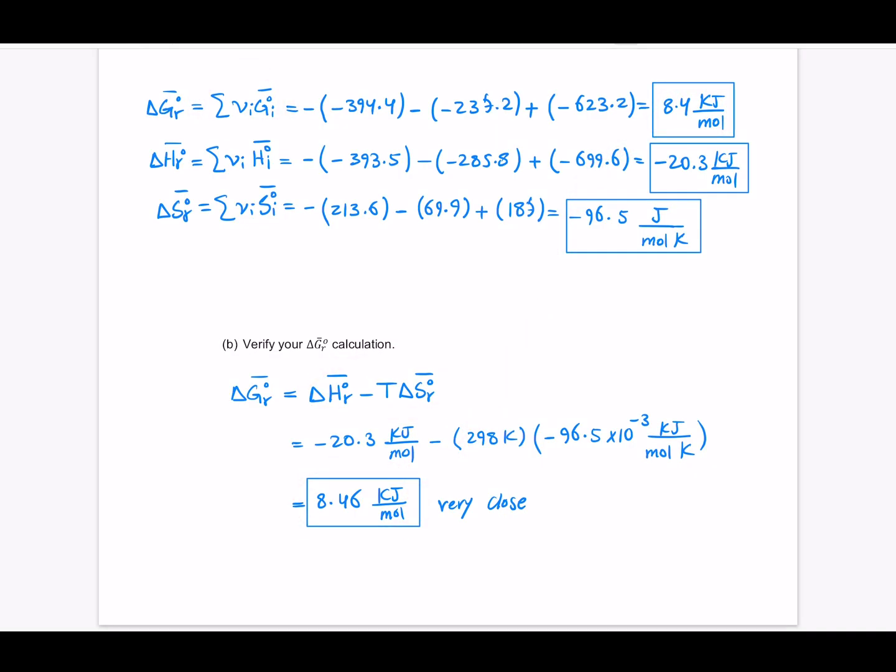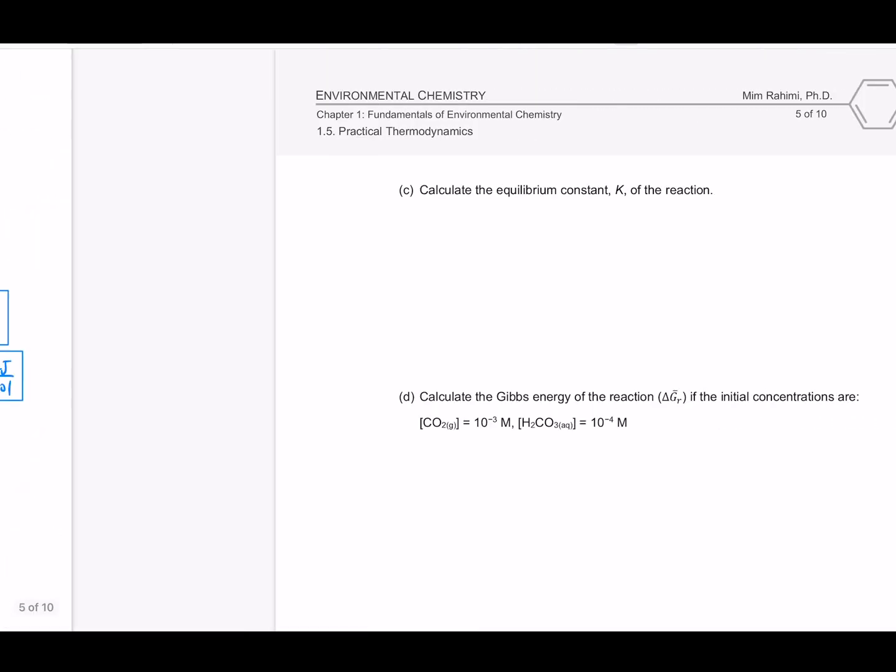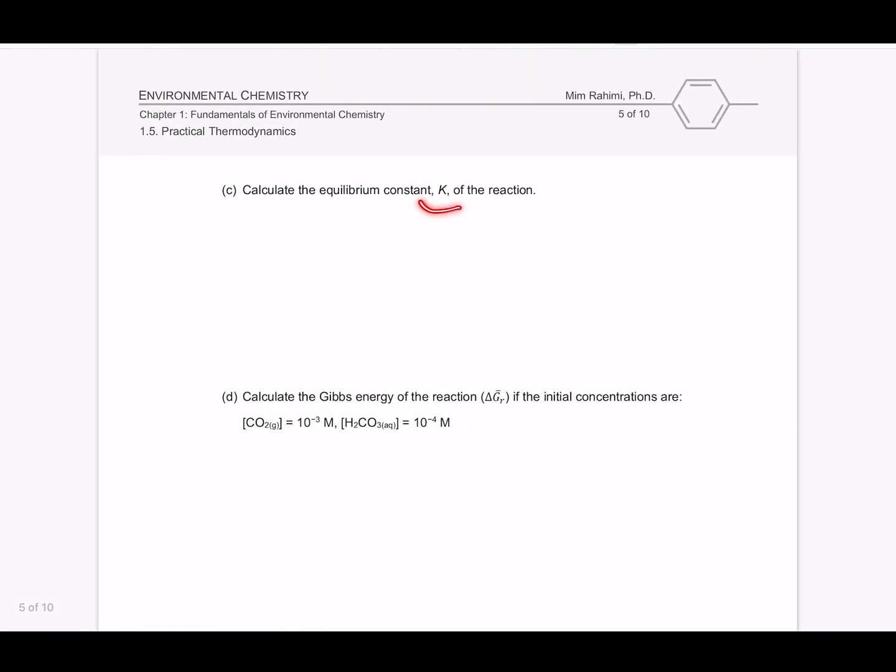So that shows these are not independent, but rather well connected to each other. So far we calculated delta G, delta H, and delta S at the standard condition. And now the next part is to calculate the K value for the reaction, a very important parameter for a given reaction.